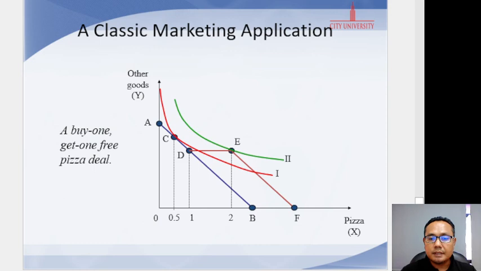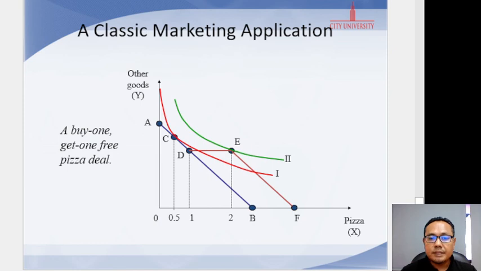In other words, the price of pizza is 0 for units between 1 and 2 large pizzas. So this implies that the budget line for pizza is horizontal between 1 and 2 units. Recall the slope of the budget line is negative Px over Py, and for this unit Px is 0.